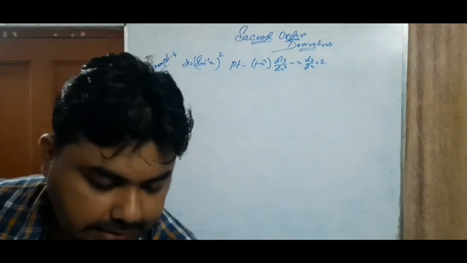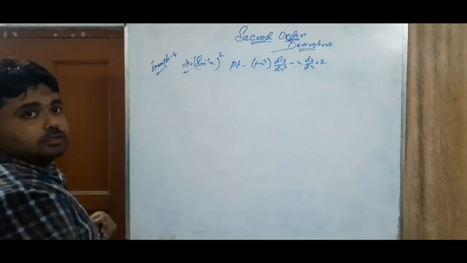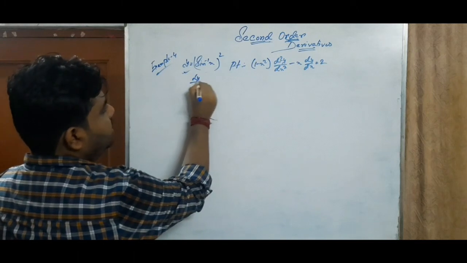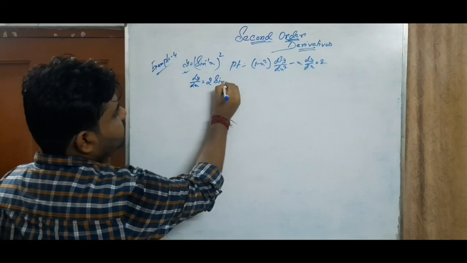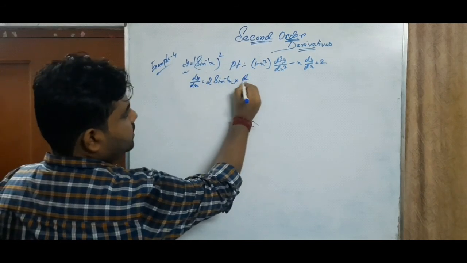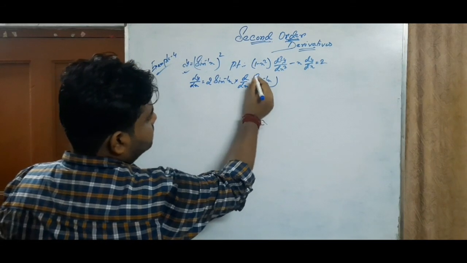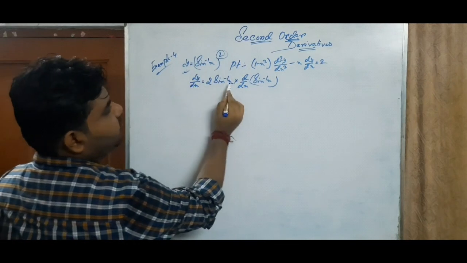Good. Now the function, that is y equals (sine inverse of x) whole square, dy by dx equals 2 sine inverse of x, okay. Now chain rule, ddx of sine inverse of x. First we are doing for the power, that is 2 sine inverse of x.